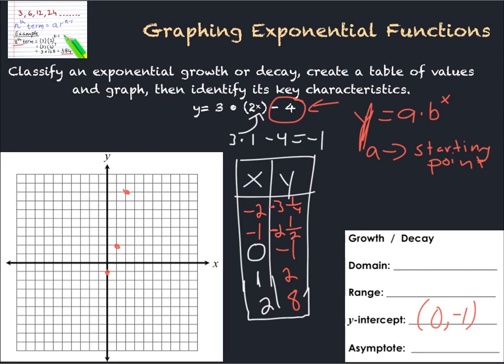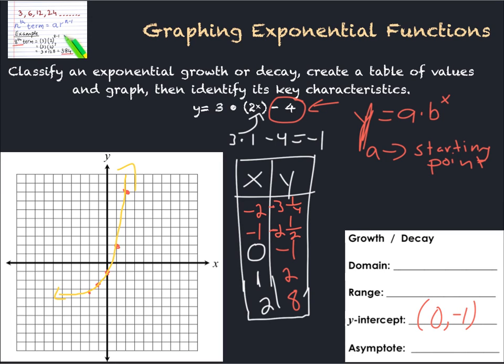At negative 1, we are at negative 2.5, right here. And at negative 2, we are at negative 3 and 1/4. Okay. So if you look at this, it looks similar to our first graph, except we shifted down 4 spaces.